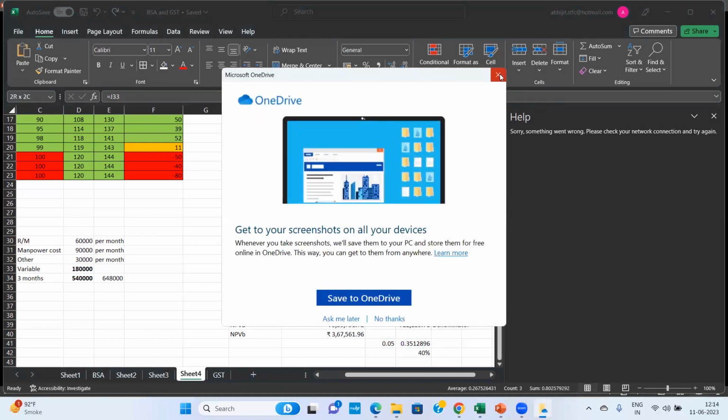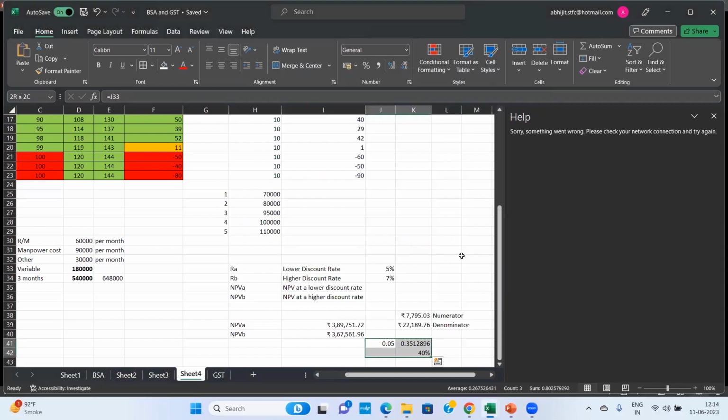Yeah. It is 5.35%. Right. So this is your IRR. Now the concept is clear. Clear to everyone how to calculate IRR?